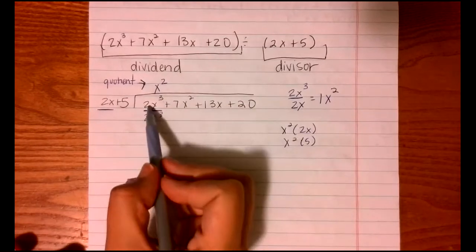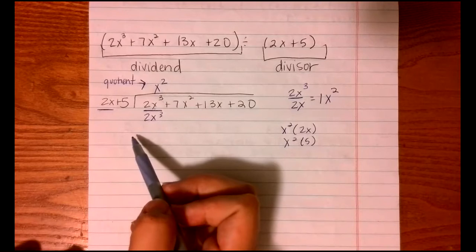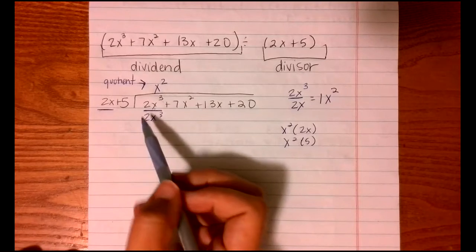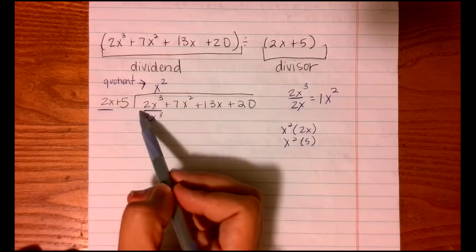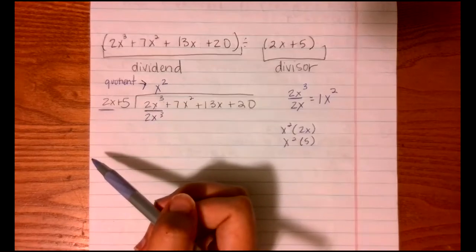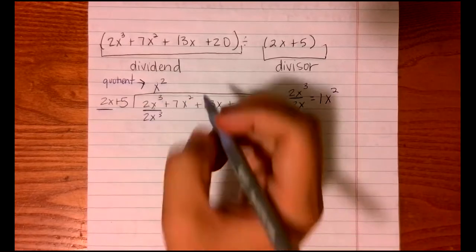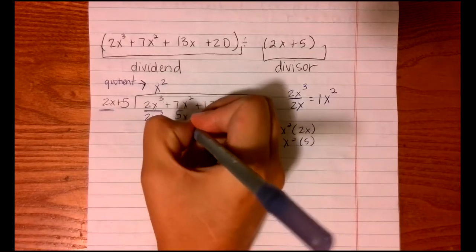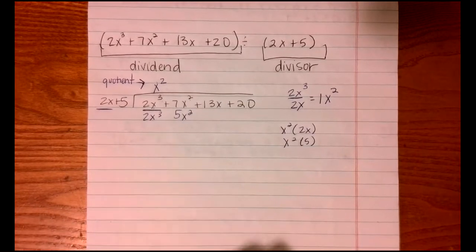It should be the same as this term because in a minute we're going to subtract and they should cancel. If these multiplied together are not the same as that term, then you did something wrong. Then x squared times 5 is 5x squared. Make sure you're always lining your exponents up with like terms.